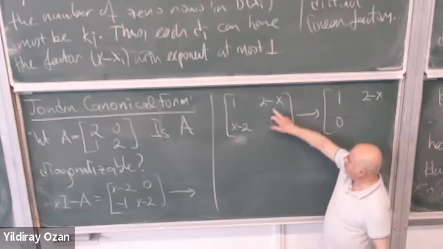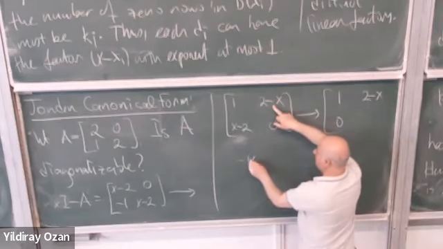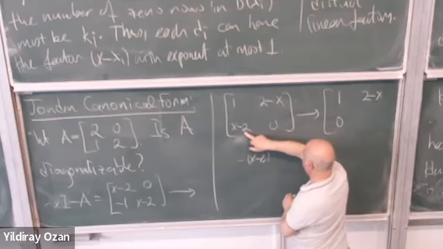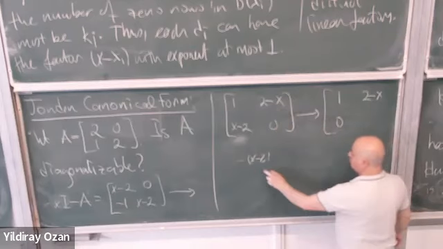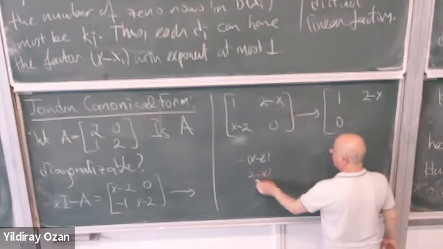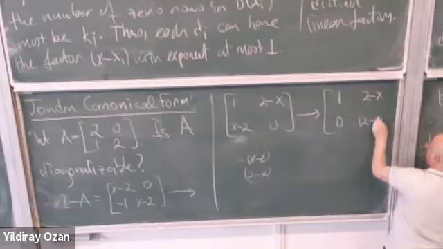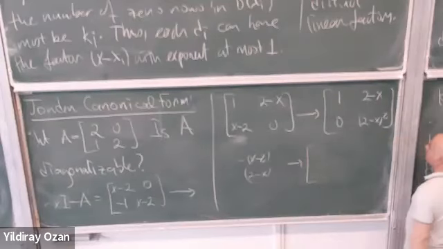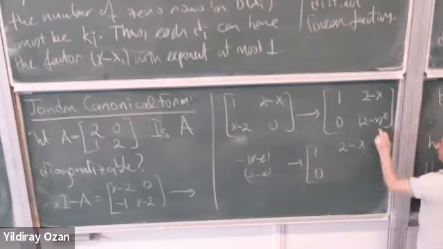This is 0. I multiply this by minus x minus 2 and add to this one. This will be 0. This will be 1. So it is just again 2 minus x, so 2 minus x squared. And then we have 1, 2 minus x, 0.